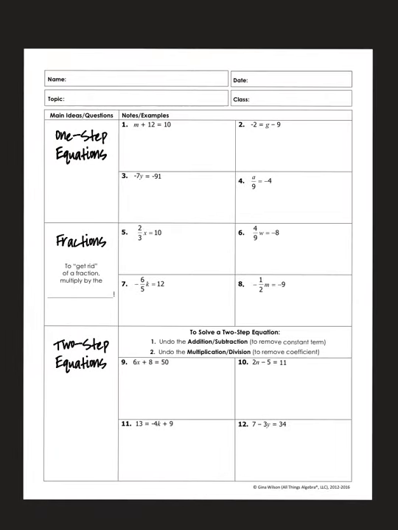One-step equations and two-step equations. So whenever we're solving one-step and two-step equations, and solving equations in general, remember equations have an equal sign and expressions do not. We need to use the inverse property.